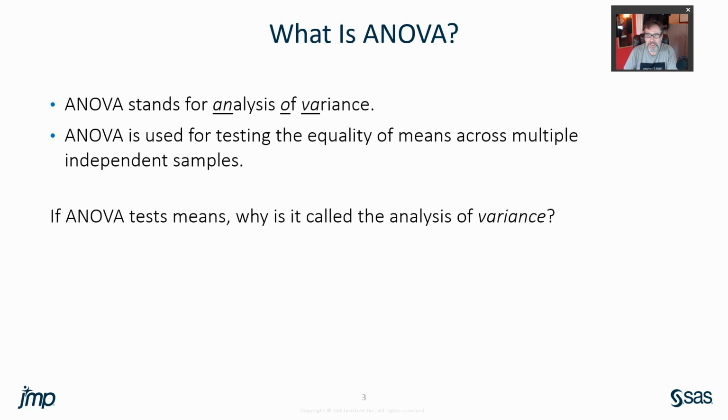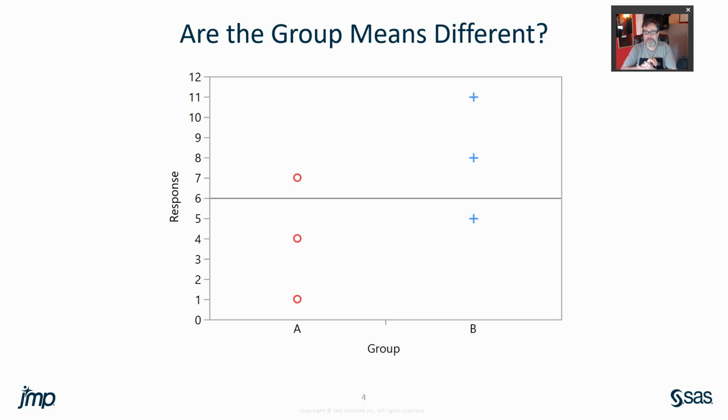So let's move on. Let's look at an example and think about what variance is. This is just two groups, with no real context here. We've got group A and group B and the response, and you can see the range of responses.